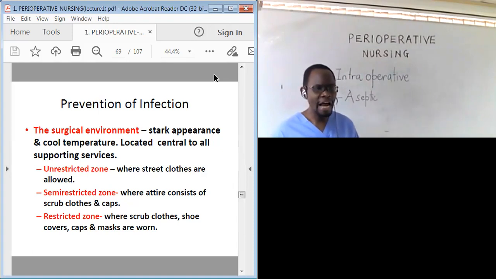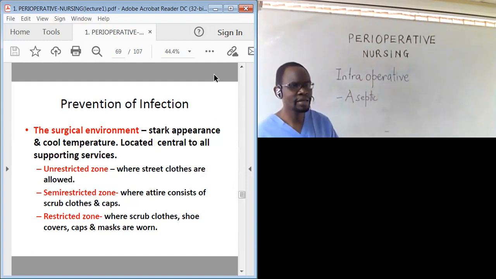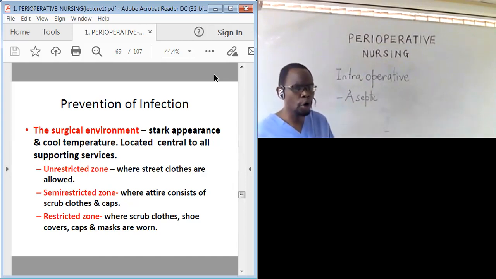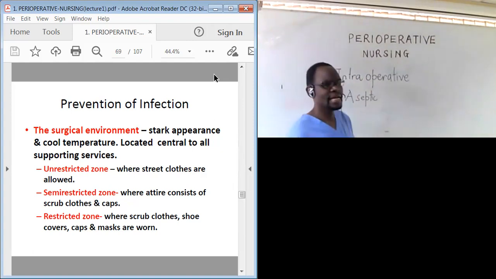The unrestricted zone, then the semi-restricted zone where attire consists of scrub clothes and caps. And then we have the restricted zone within the theaters themselves, into the operating room, where scrub clothes, shoe covers, caps, and masks are worn to basically prevent infection.